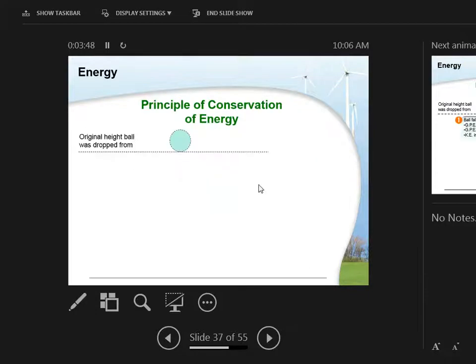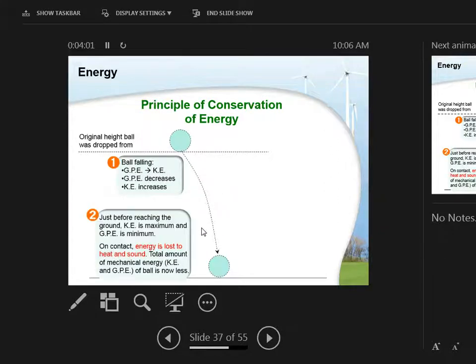Okay? So let's look at this case where it is not ideal. This is the original height of the ball. We drop it, the gravitational potential energy becomes kinetic energy. GPE decreases, KE increases. When it hits the floor, what types of energy are present that are lost? We have heat and sound.